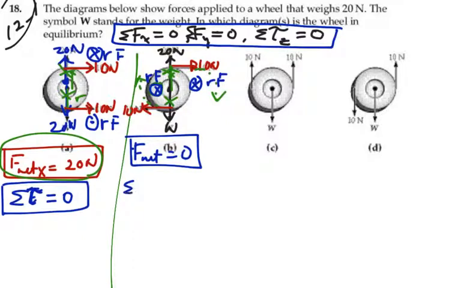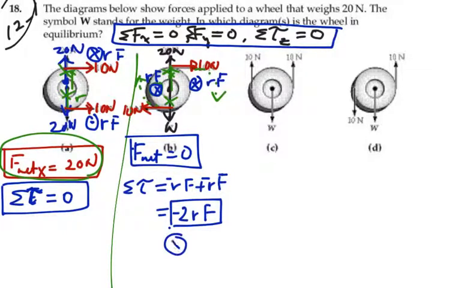So the summation of all of our torques about the origin is r times f plus r times f into the page. So we could say a negative r times f plus a negative r times f is a negative 2rf, our net torque into the page. And since we have a net torque, this is not in equilibrium.